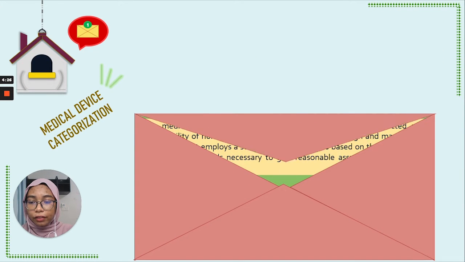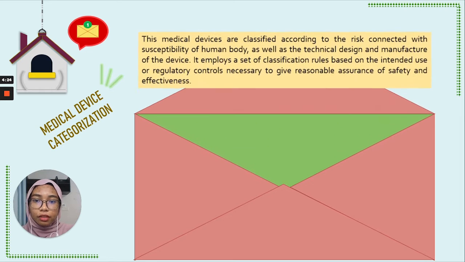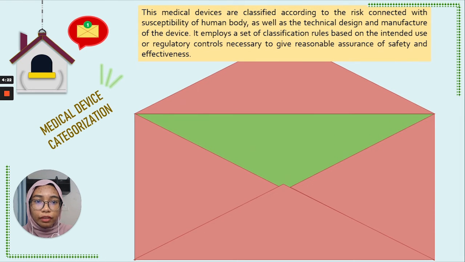The medical devices are classified according to the risk connected with the vulnerability of the human body as well as the technical design and manufacture of the device. It employs a set of classification rules based on the intended use or regulatory controls necessary to give reasonable assurance of safety and effectiveness.